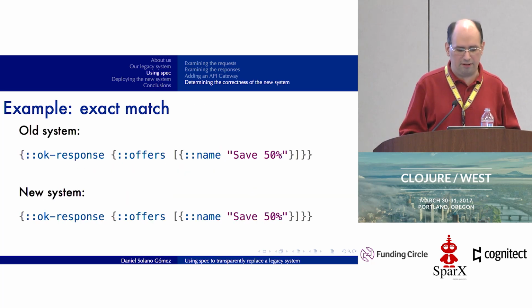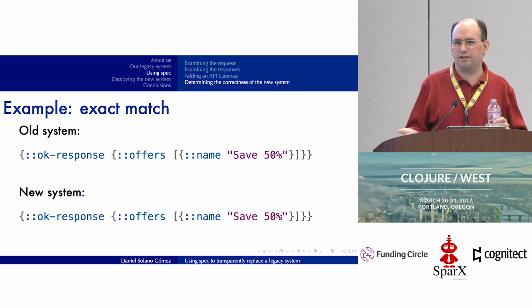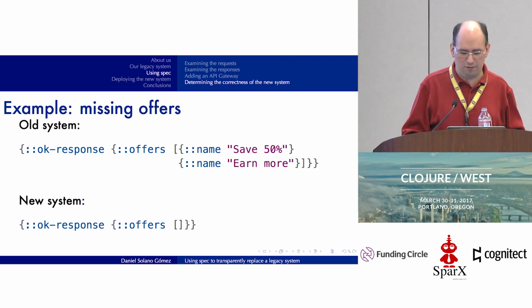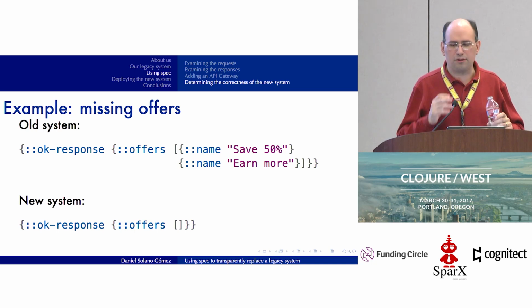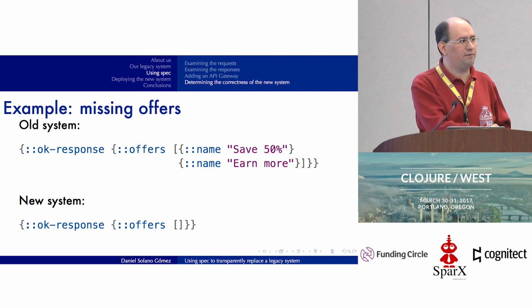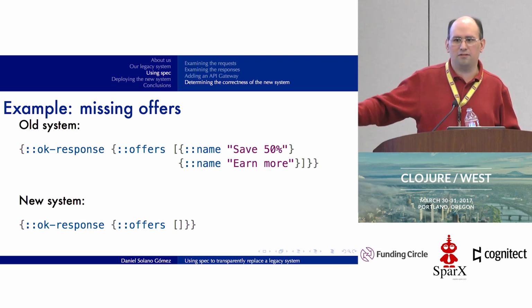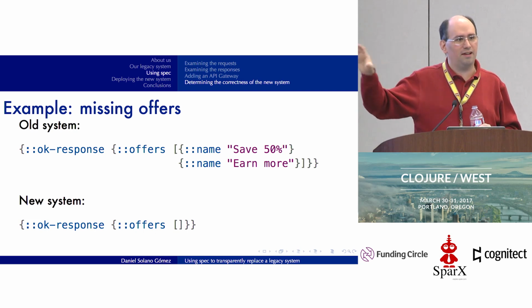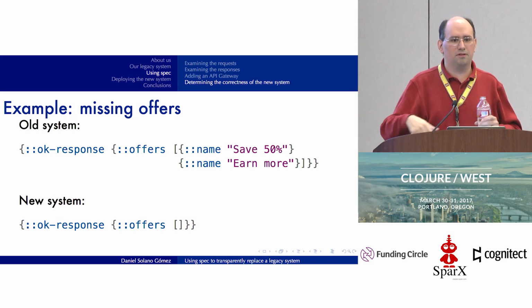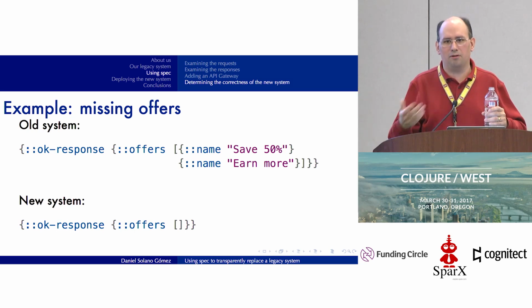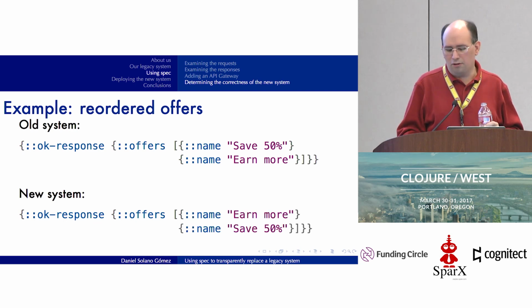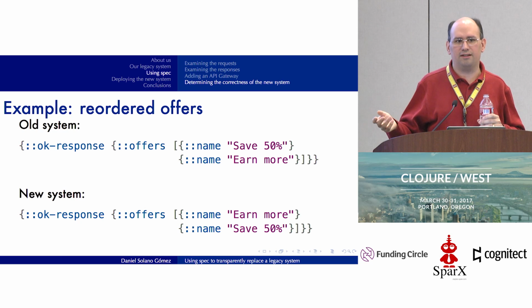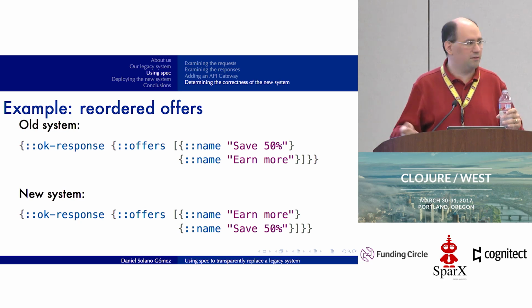So some examples of how this might look, with an exact match. Well, that's trivial. If you have a case where there are missing offers, well, why is that? Is it that the old system has offers that it shouldn't have? Or is it because the new system doesn't have those offers and it should? If we run into this situation, we have to go and investigate what's going on here. If we get the same offers but in a different order, in that case, this is okay.